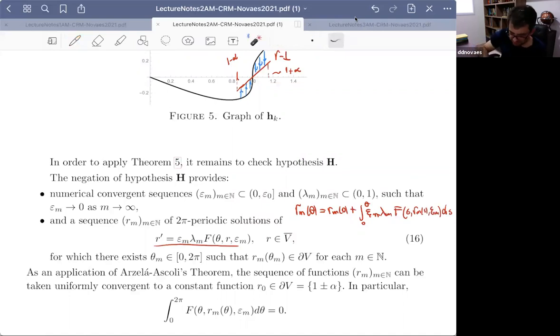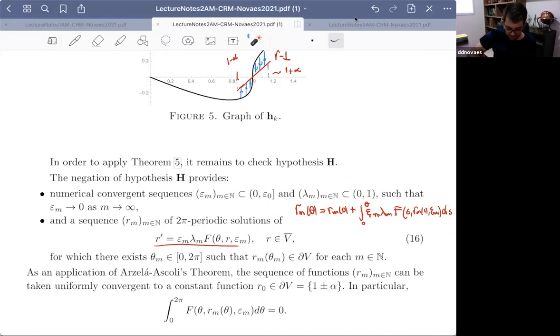But we also know that R_m is 2 pi periodic. That means that when I compute R_m of 2 pi, it must coincide with R_m of 0. Then this vanishes and this integral has to be 0. Since epsilon m and lambda m are not 0 for every m, the integral between 0 and 2 pi of this function computed at R_m of theta is equal to 0.